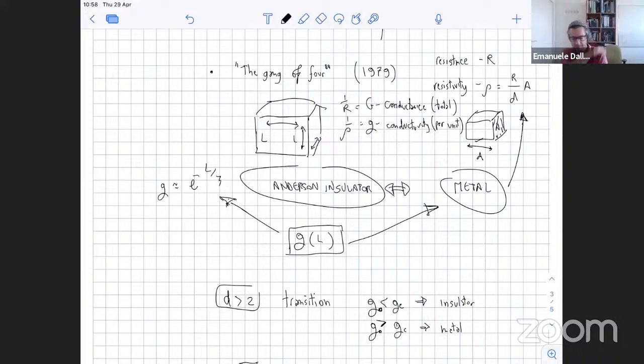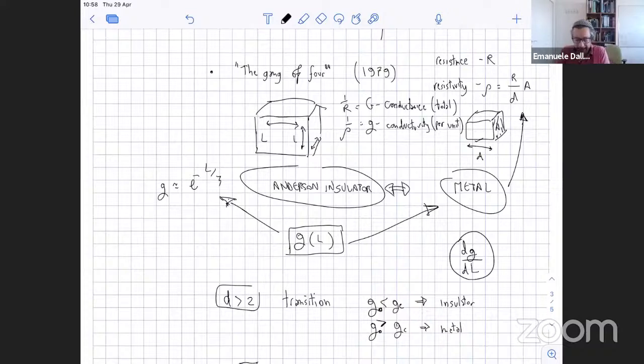I see. So either way, the conductivity starts to decrease as Anderson localization. Right. Let me add one more comment: as you will see in the homework, the whole idea is to look at the derivative of G as a function of L. If it is positive, then G increases. If it is negative, it decreases.